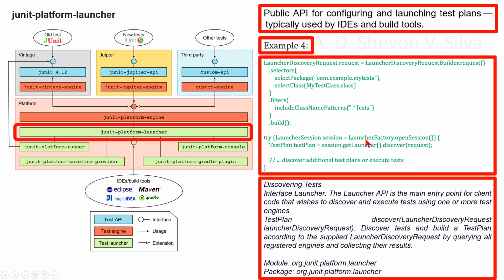Launcher session. Here LauncherFactory, a factory for creating Launcher instances by invoking createLauncher(config). Here the openSession method, public static LauncherSession openSession, a factory method for opening a new launcher session using the default LauncherConfig. Interface LauncherSession: the LauncherSession API is the main entry point for client code that wishes to repeatedly discover and execute tests using one or more test engines.